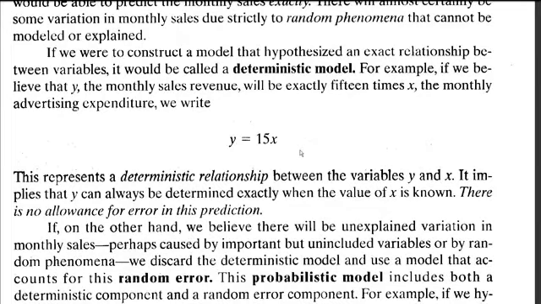And we mentioned this in an earlier video. This represents a deterministic relationship between the variables y and x. It implies that y can always be determined exactly when the value of x is known. There is no allowance for error in this prediction.